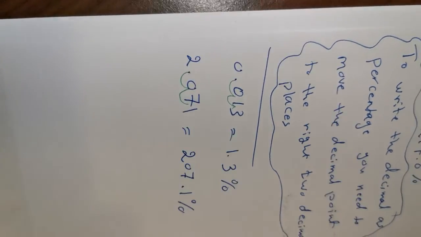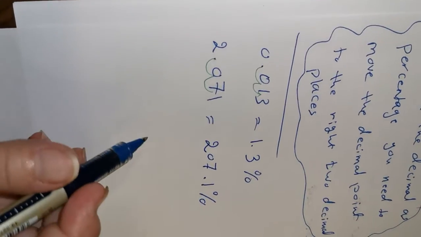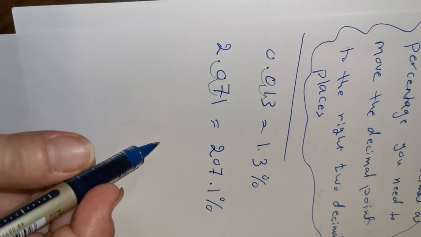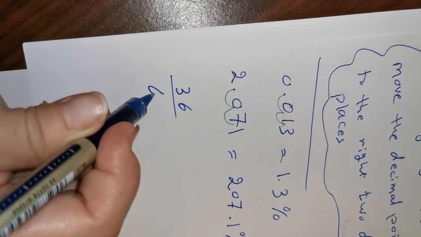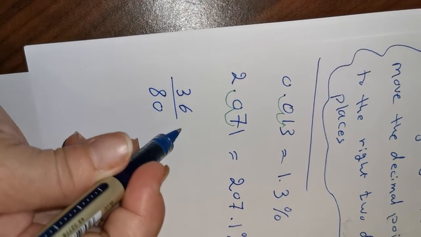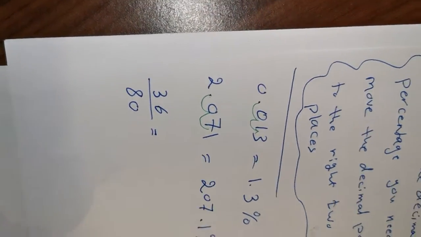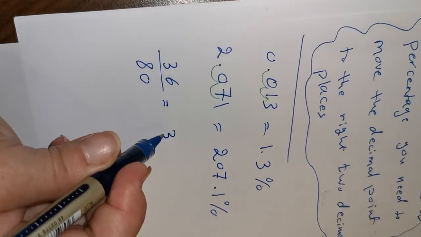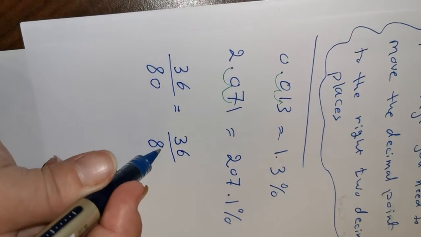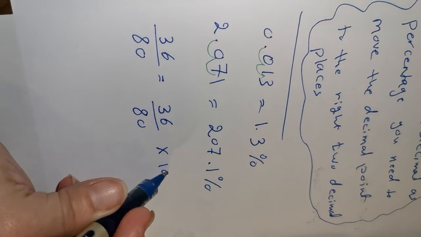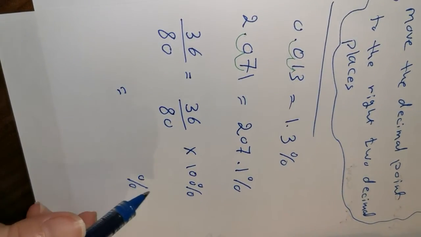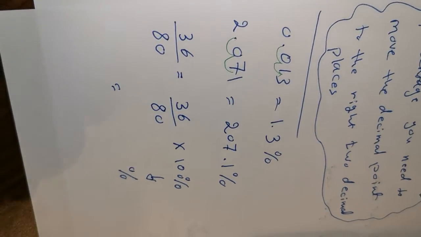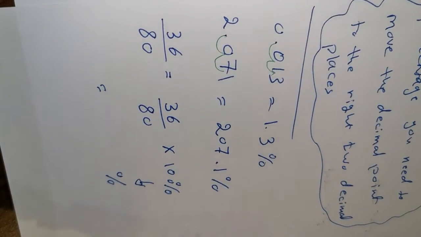One more example. Write the fraction 36 over 80 as a percentage. Don't forget, you need to multiply 36 divided by 80 times 100%, which is equal to, use the percentage sign and use the calculator.